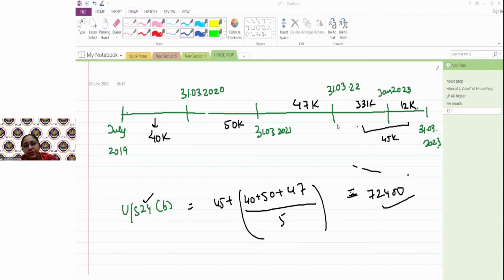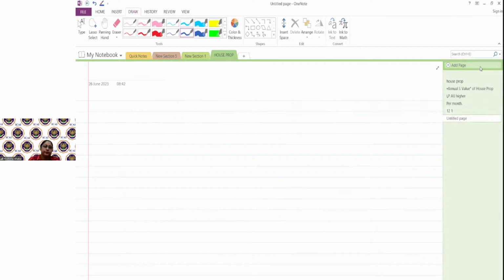Now, friends, self-occupied property is a property which is occupied for self-use, or if it is not occupied for self-use, and the reason for non-occupancy is because of the employment or business in some other place, which I told you.